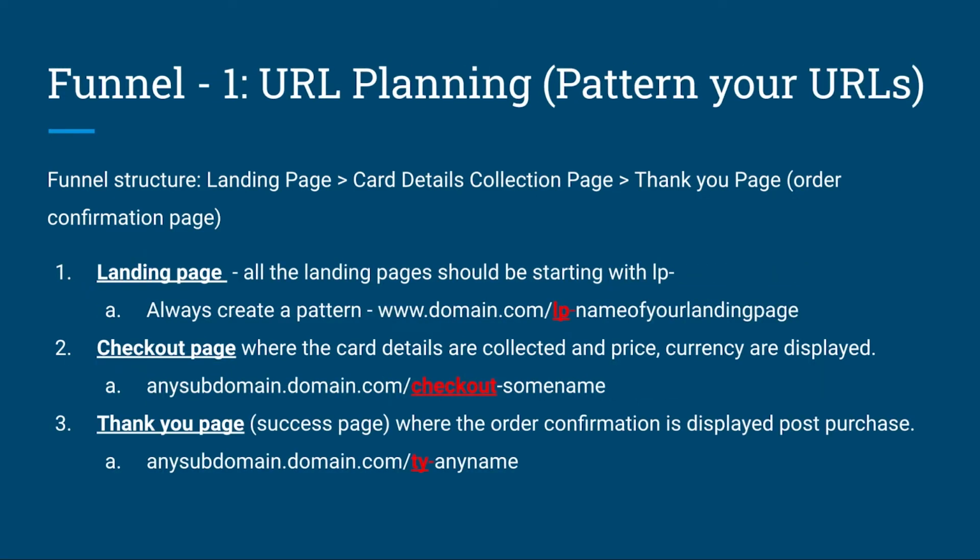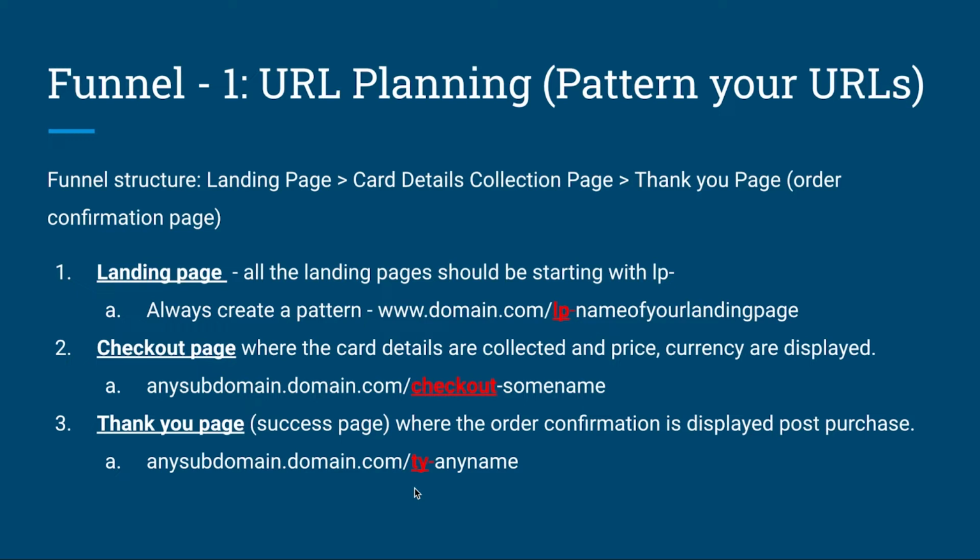And after this you have to plan the URL. So as I already told you, here you have this common path for the landing page till LP or landing page, whatever you name it. So when you have a common path set up like this, even for checkout you have a common till checkout, and for the thank you page you have the common path till TY or thank you.